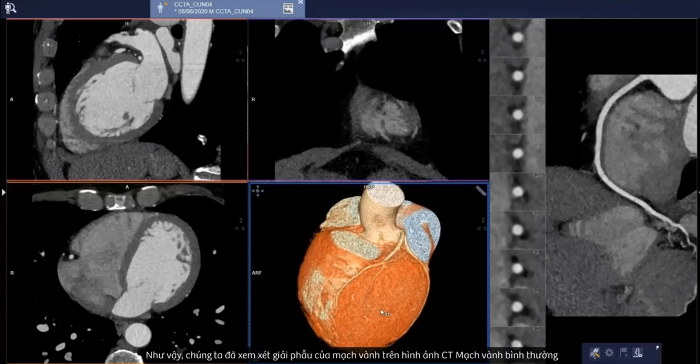So, with that, we've reviewed the coronary anatomy of a normal coronary CT angiography.